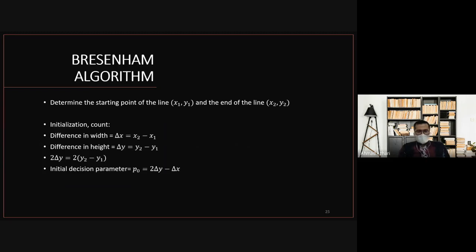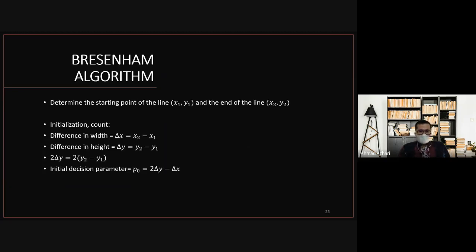The first thing you should determine is the starting point of the line, x1 and y1, and also the end of the line, x2 and y2, and initialize by computing the difference in width and the difference in height. Then multiply the height difference by 2.